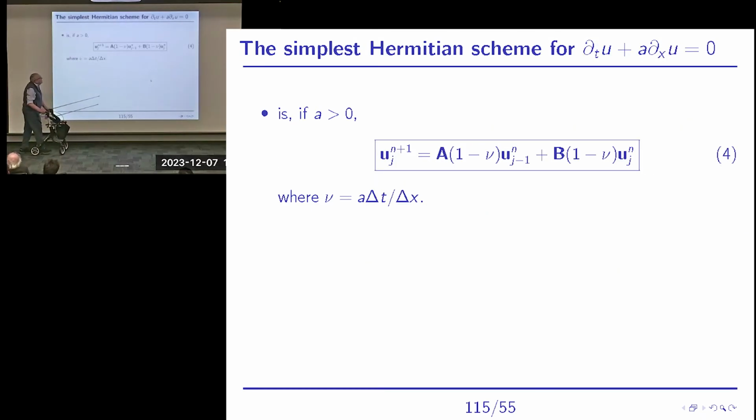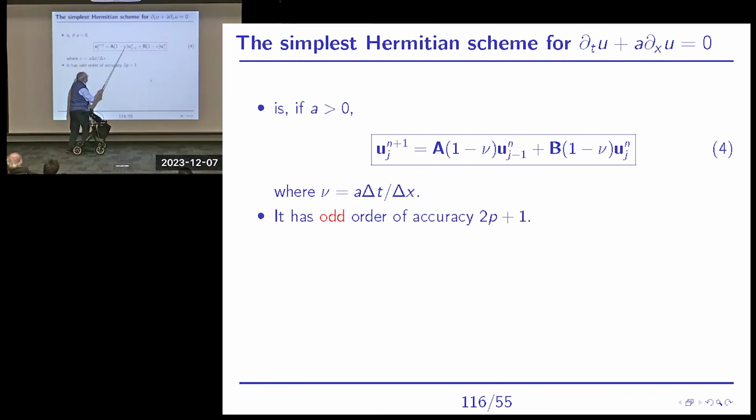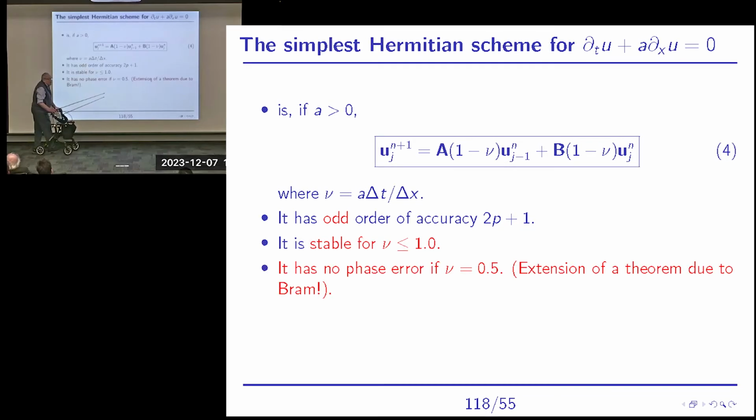To use that for linear advection, we say the new value is a combination of the two old values, depending on where the interpolation point lies. And this has odd order, which is again a nice thing, the order 2p + 1. These turn out to be always stable for a Courant number less than 1.